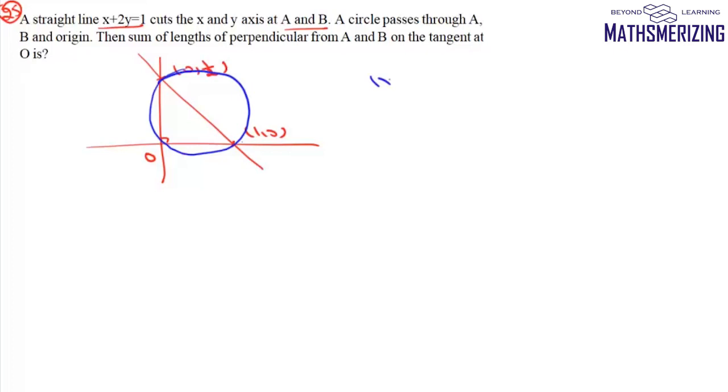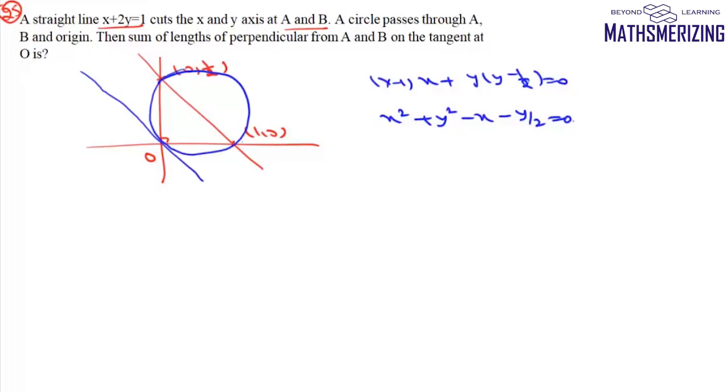So equation of this circle will be x minus 1 into x plus y into y minus 1 by 2 equals 0. So this equation will be x square plus y square minus x minus y by 2 equals 0. Now we need to find equation of tangent at origin. So we know that if the point lies on the curve, then equation of tangent is given by T equals 0.